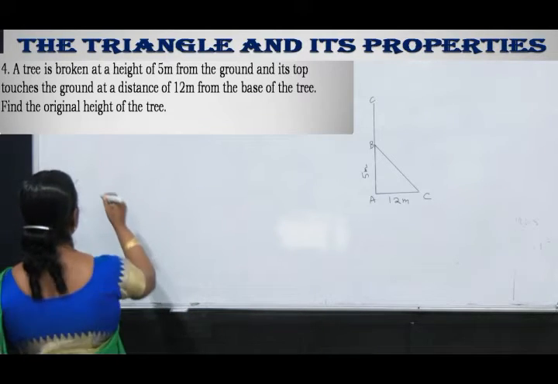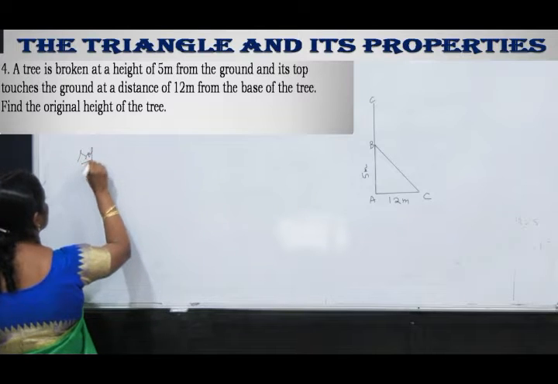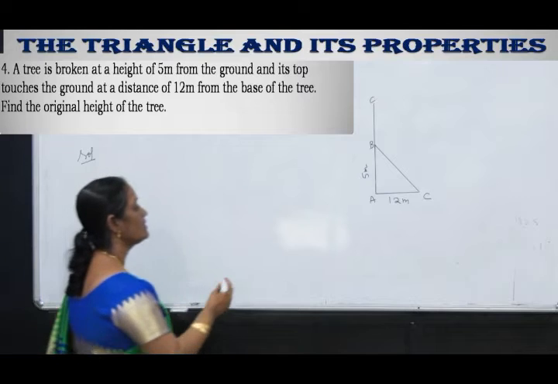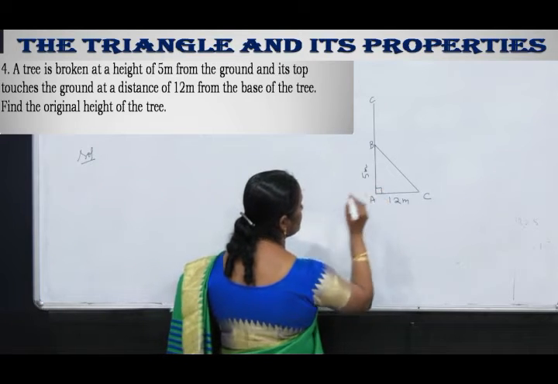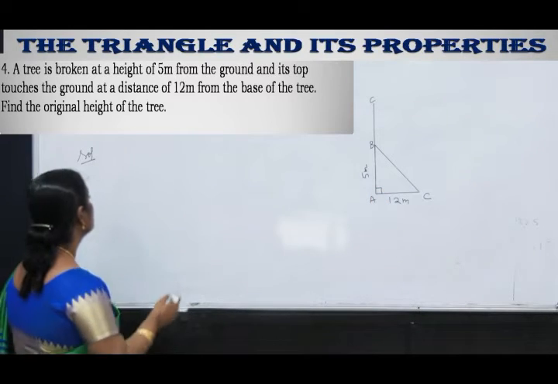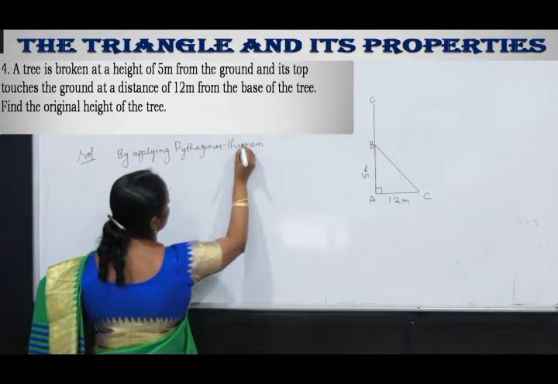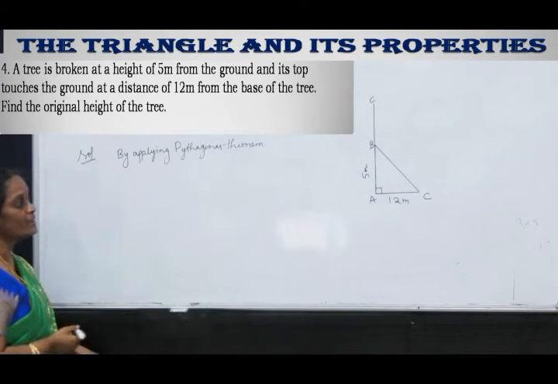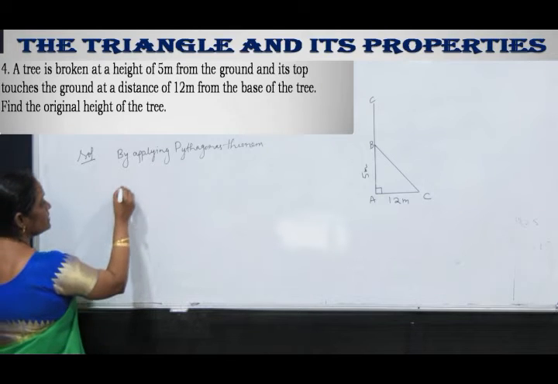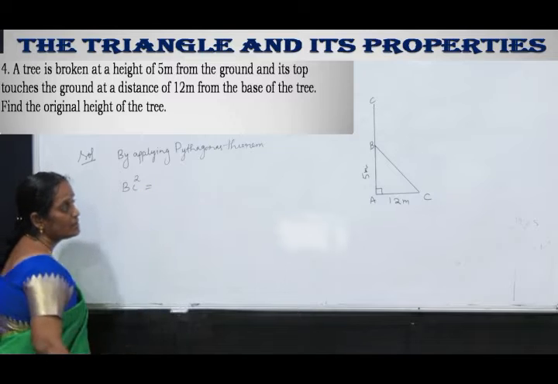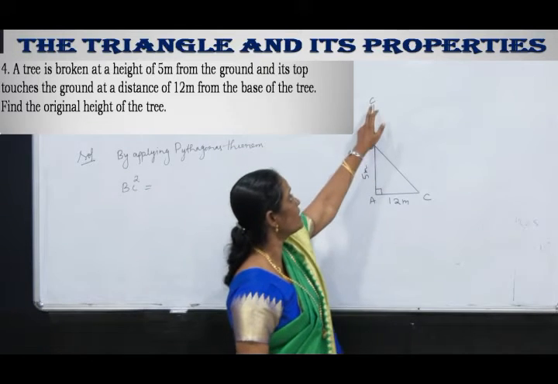So how will you find it? Here we can apply Pythagoras theorem. Here it is forming a right angle triangle. So by applying Pythagoras theorem, students, what we can write here, the hypotenuse is BC, that is the broken part of the tree.